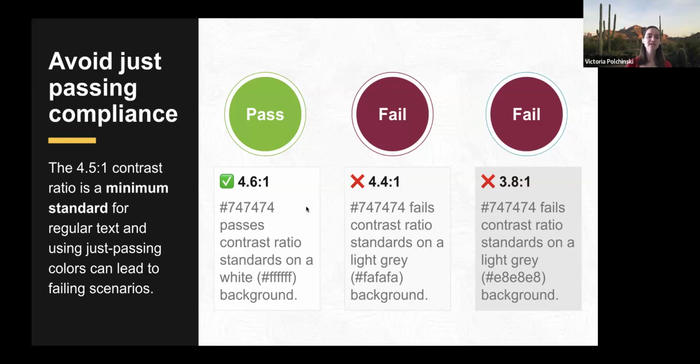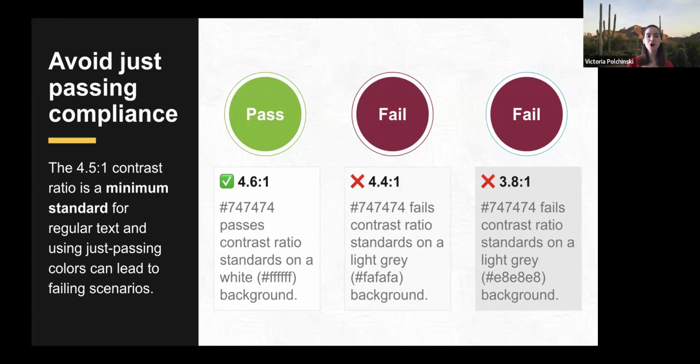One example is that in ASU brand standards, we have a medium darkish gray, which passes contrast ratio standards on a white background. But as soon as you put that same color on a light gray background, it fails the minimum standard.